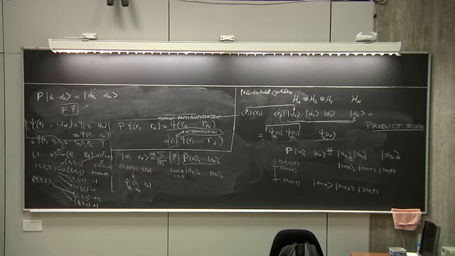Because if two P tilde are different, then the two P P tilde will be different, and therefore it's pretty much the same way of performing the sum. Maybe I should clarify this a little bit more.